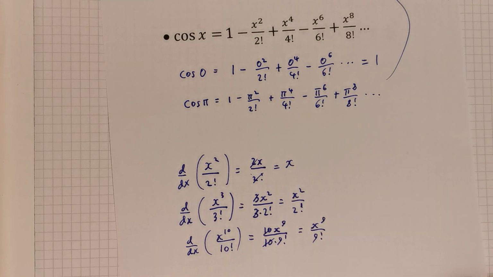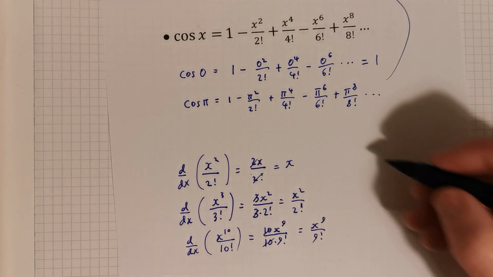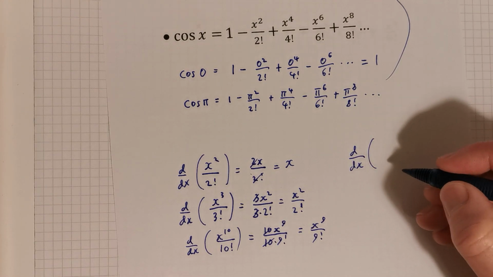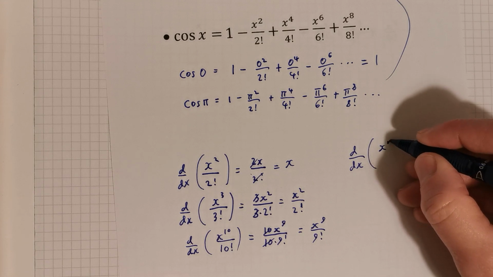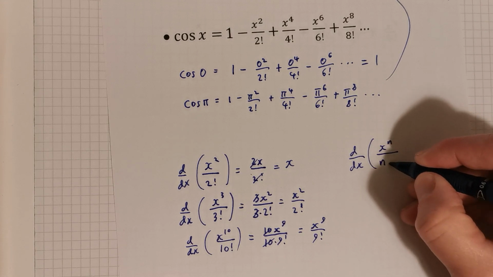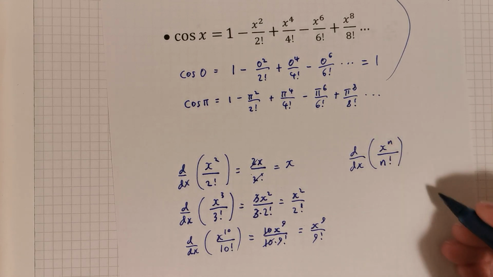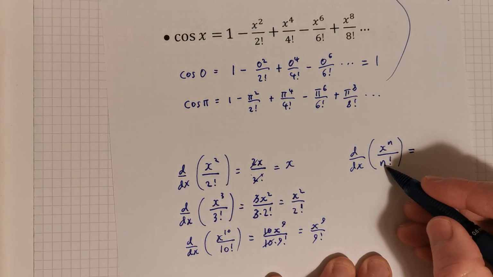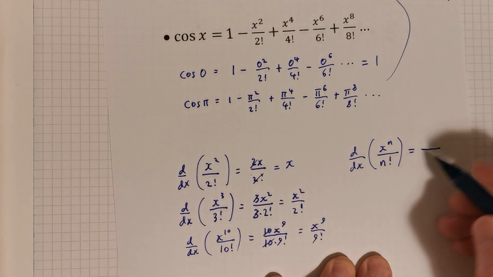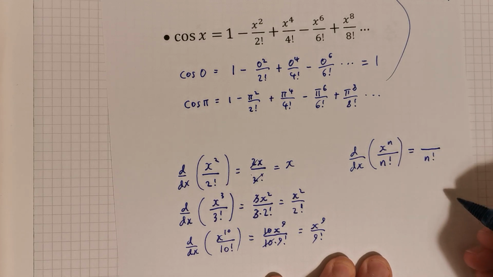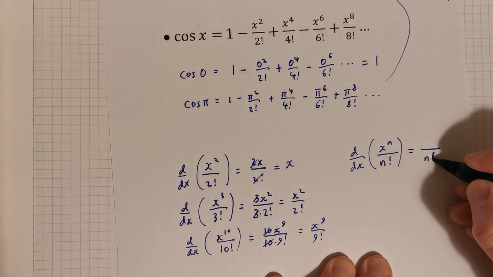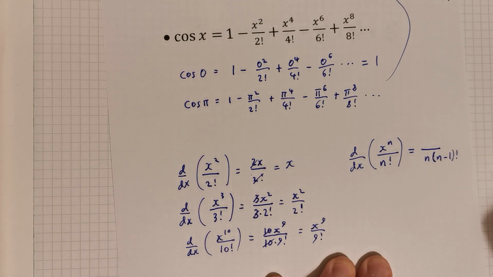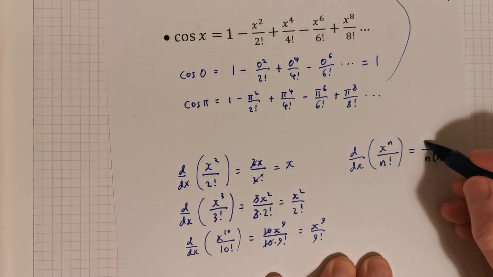I'm hoping at this stage you can see what will happen. Let's formalize that with a little rule. If I take the derivative with respect to x of x to the power of n divided by n factorial, again, that's a constant on the bottom, so we can factor it out. And n factorial, remember, is n times n minus 1 factorial. On the top, we'll use our power rule.